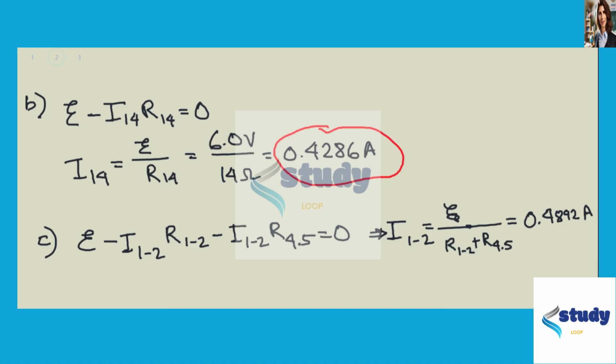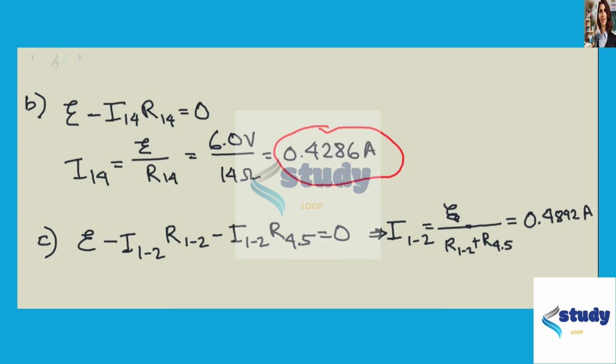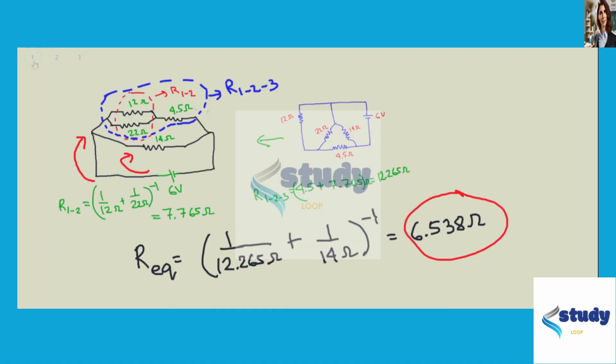So psi is positive because we're taking the direction which is anticlockwise. Then the current passing through the equivalent resistance is the same current passing through the 4.5 ohm resistor as well, and this total thing gives us 0. So from there we get our I123 current, the current that is passing through this system.